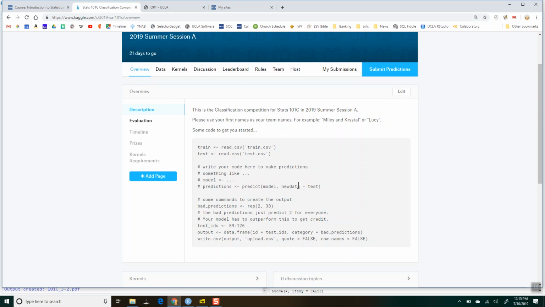Okay, maybe in the beginning we'll start with 1, because I don't want people to constantly do one little thing and then upload and try to check that way, right? You should be using something like cross-validation within your training data set to decide whether this is a better model or not, right? Something along those lines, okay?